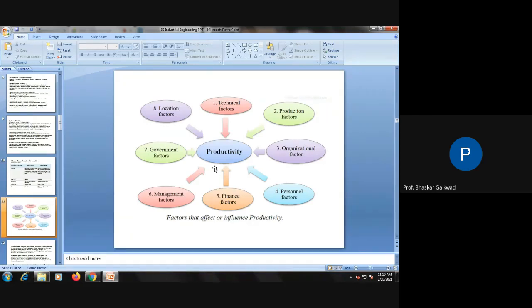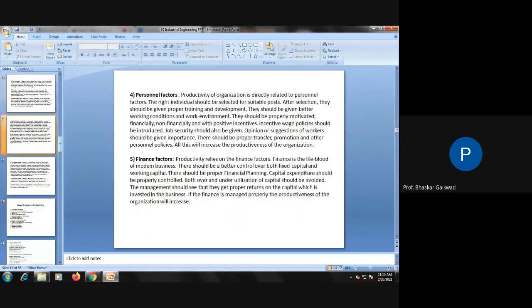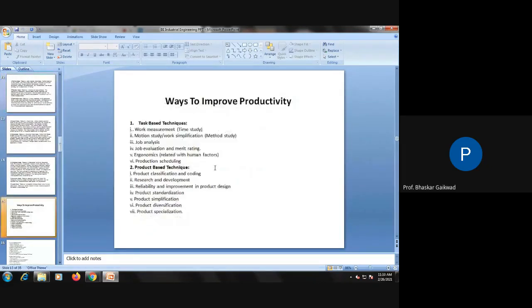Technical factors mean manual work requires computers, personal factors mean motivation, incentive, bonus system, and organizational structure will also affect this. Production factors: how the production is done, either continuous or batch production. The capital and working financial condition also affect productivity. So these factors we have covered.